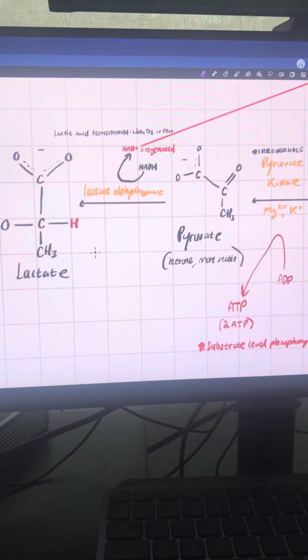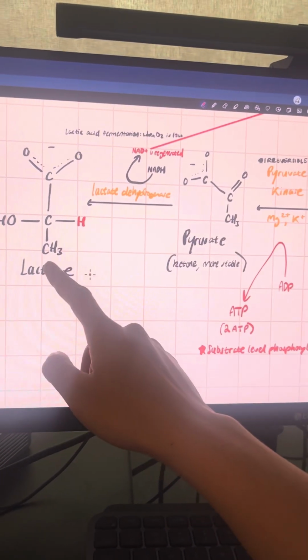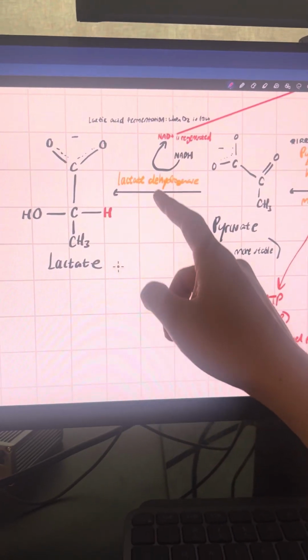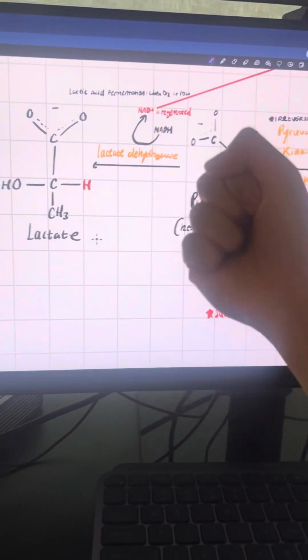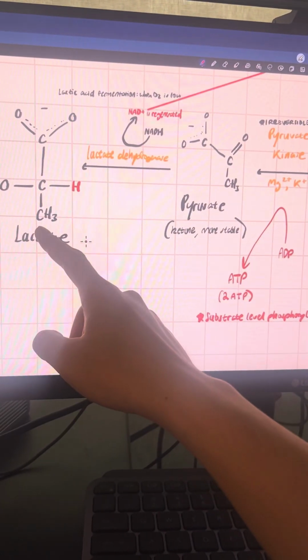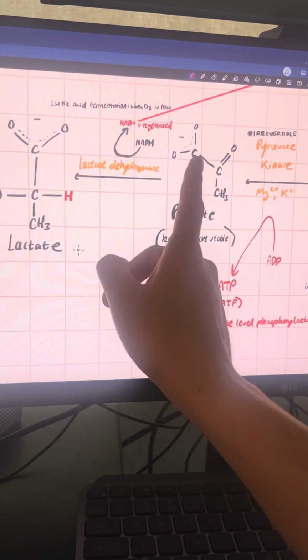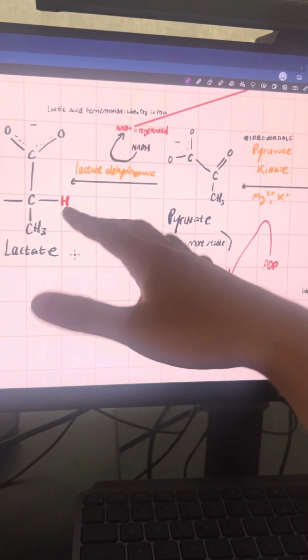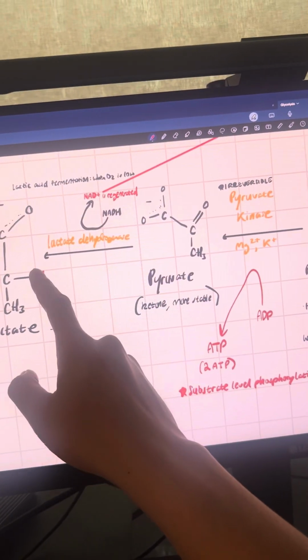Okay, that's basically the end of glycolysis once you form pyruvate. But we're gonna do one more step just to show something. When O2 is low, you have lactic acid fermentation. The fate of pyruvate, because there are many fates it can have, is that you will form lactate via lactate dehydrogenase.